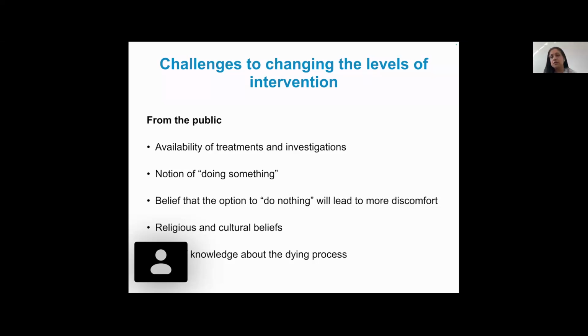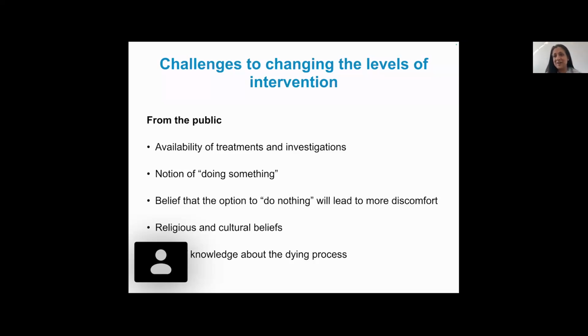And that leads into the notion of doing something. For some people, and some relationships, and some people in the public view, focusing on quality of life is not doing anything to actively prevent problems with your illness. And that's a philosophical way we think. Some people also believe that doing nothing will lead to more discomfort. That's not always true.